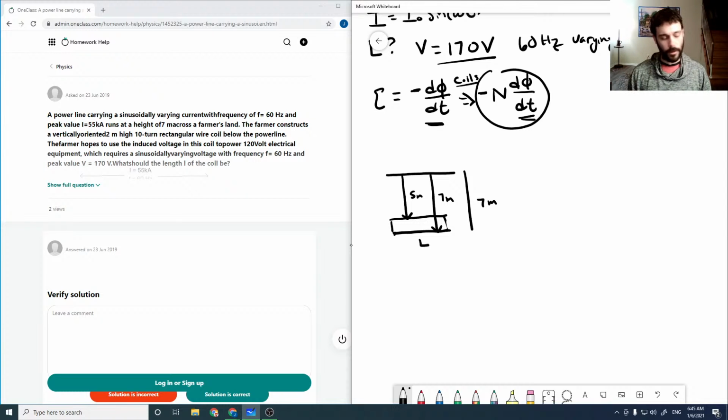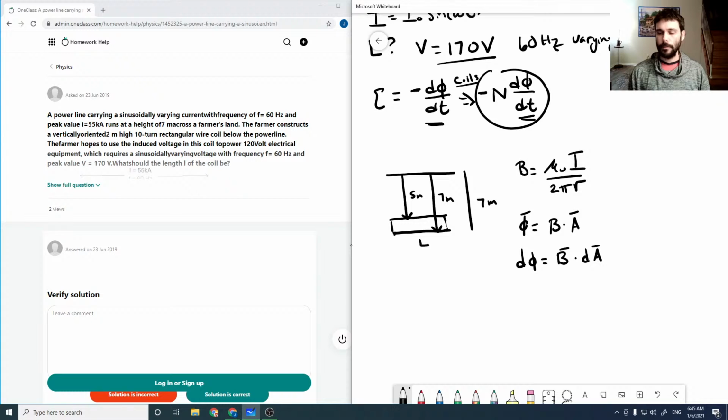And my B field from a conducting line can be found as mu naught I over 2 pi r. So it is an R-dependent B field. But my flux is typically defined as B dot A. But in this case, I'm going to define it as d phi is B dot dA.